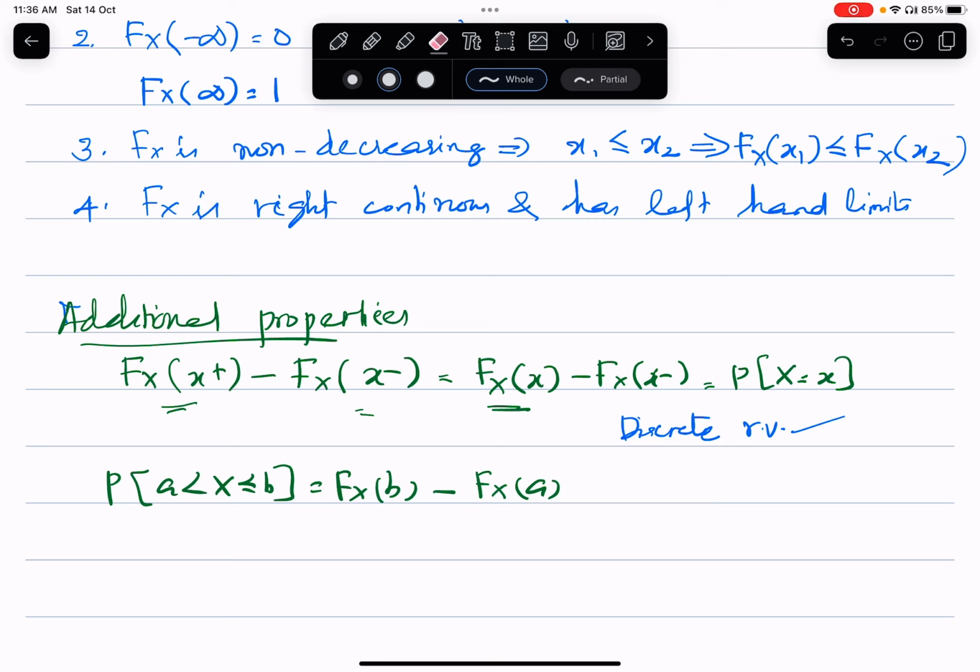One thing we have to make sure is that here it is less than or equal to, and here it is a strict less than. So here it is closed and here it is open. How do you deal with the other kinds of inequalities? That is something else, we'll deal with it later. So these are the properties of the distribution function.